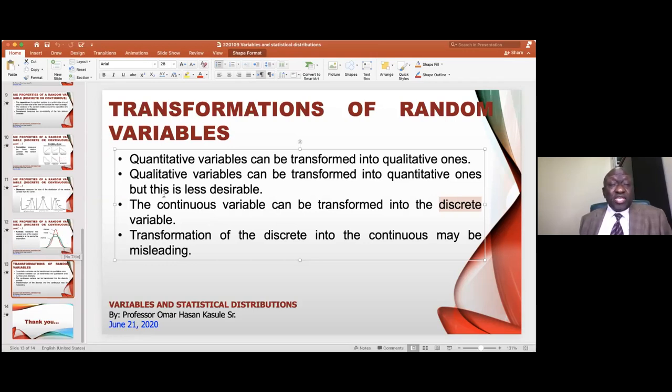What we want to say is that science depends mostly on quantitative variables, variables based on measurement and on counting, because they are more accurate. Qualitative variables, these are descriptive, are less accurate, but we use them in research because some things cannot be measured. You cannot measure love. You cannot measure hatred.